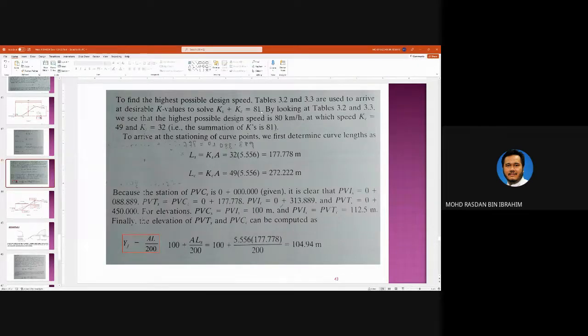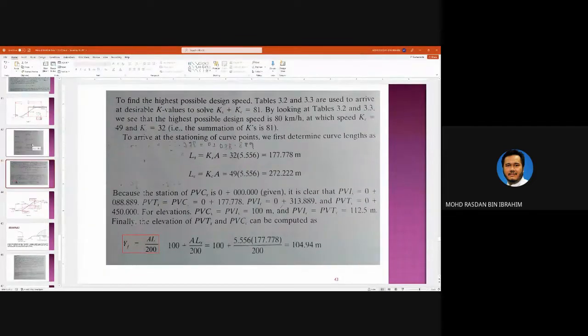In reality, this is very difficult to get, because this is an example, so you get an exact value. Looking at tables 3.2 and 3.3, we see that the possible design speed is 80 kilometers per hour.